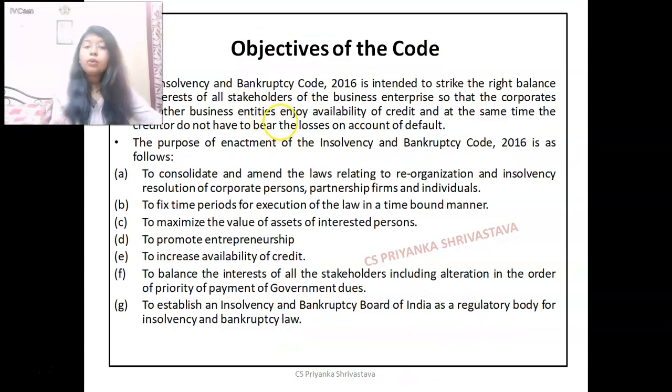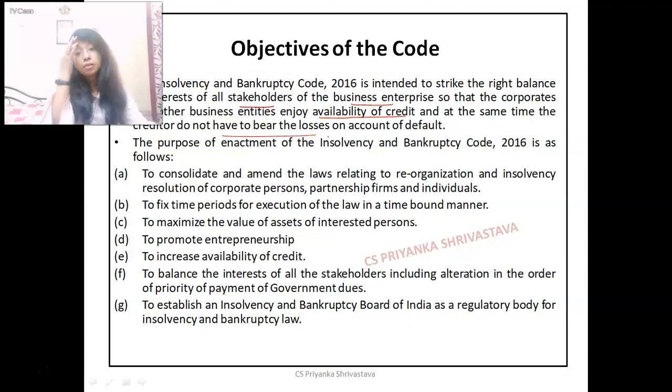Now this code is made for a purpose. What is the purpose behind making this code? Basically they want to create a balance between the stakeholders' interest and the business enterprise, maybe a company or individual, so that they can avail the facility of credit and at the same time the creditor will not bear the losses.